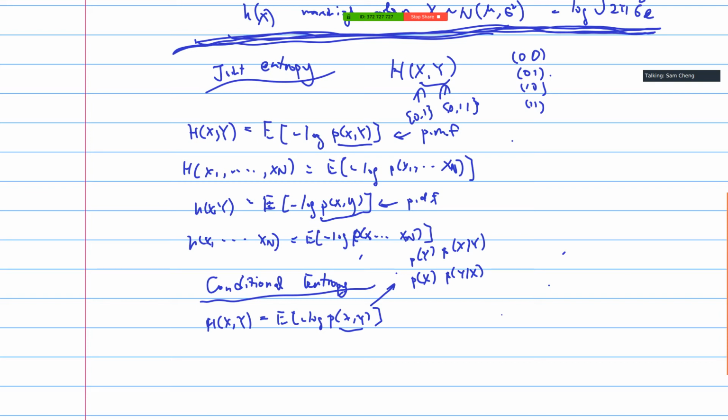I can take either form. Let's say I take this form. Then it is equal to the expectation of minus log p x minus log p y given x.